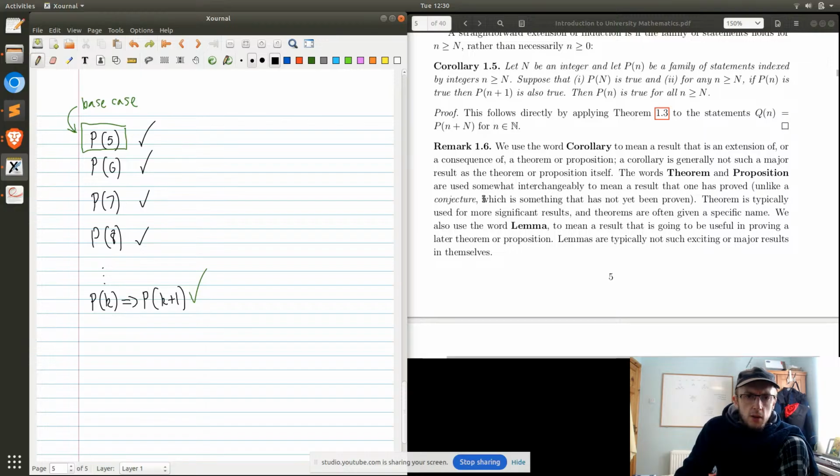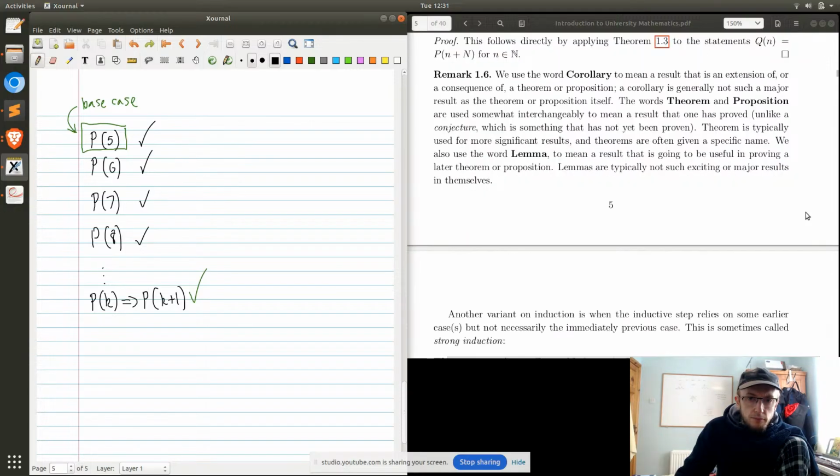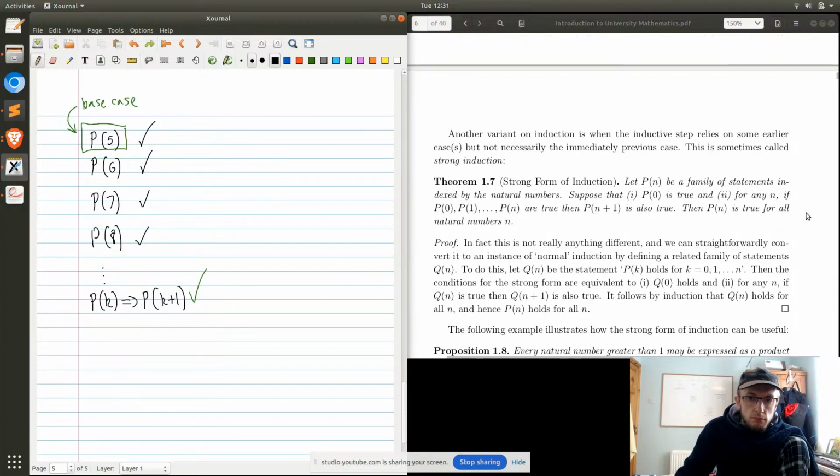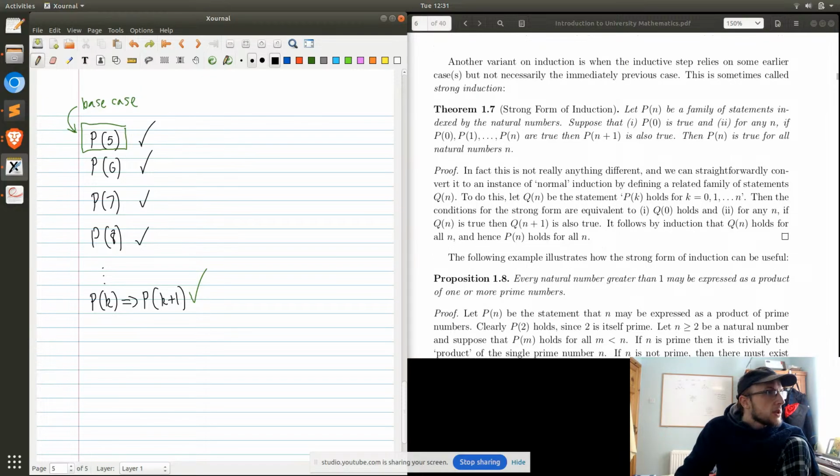Theorem is typically used for more significant results, and theorems are often given a specific name. We also use the word lemma to mean a result that is going to be useful in proving a later theorem or proposition. Lemmas are typically not such exciting or major results in themselves. Okay.